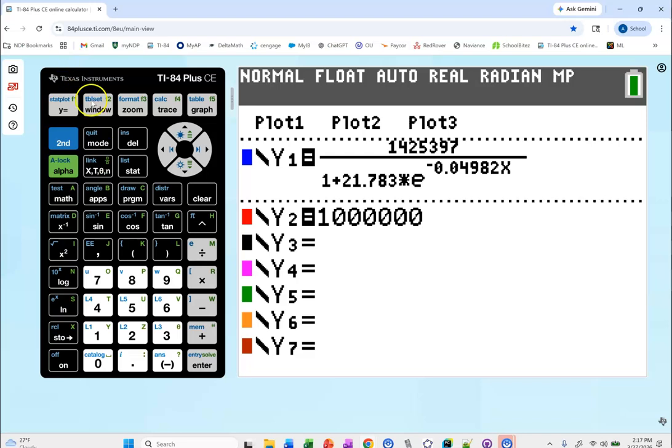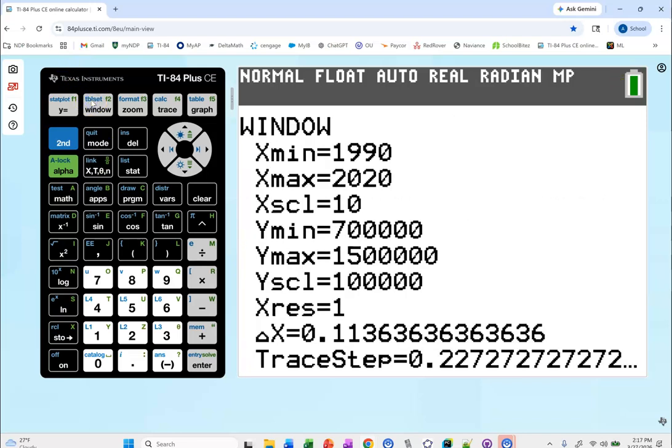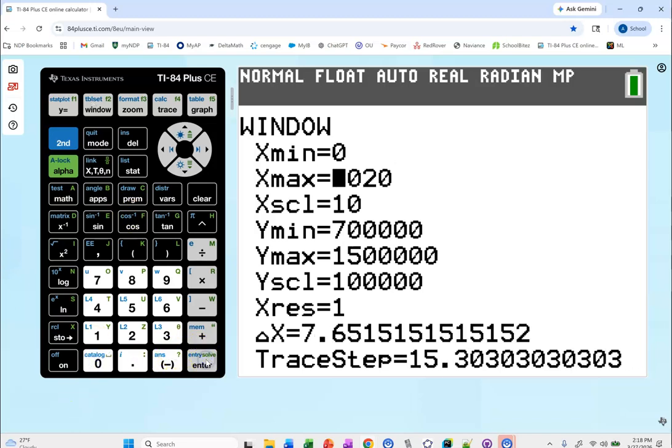All right. I'm going to go to my window here. So remember, t is the years after 1950. So my minimum value of t really should just be 0, right? That'll represent 1950. Now, I don't know how long it's going to take, or even have a pretty good idea of how this is growing.